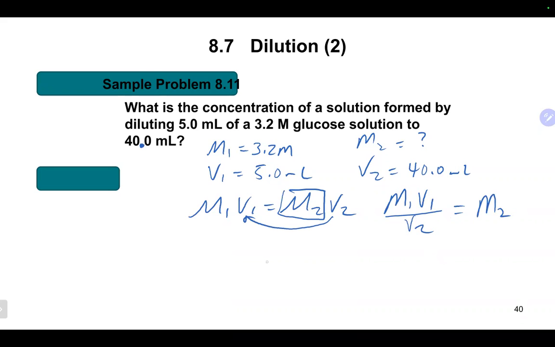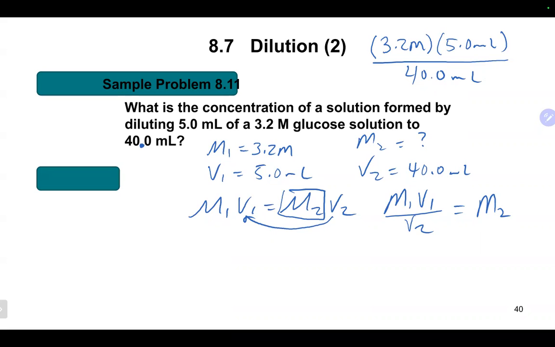Now, in this case here, I'm going to put in my numbers. So my M1 is 3.2 molar. My V1 is 5 milliliters. And my V2 is 40 milliliters. So in this case, because I've got milliliters on both sides, technically when I multiply the top by molarity times milliliters, I get millimoles.